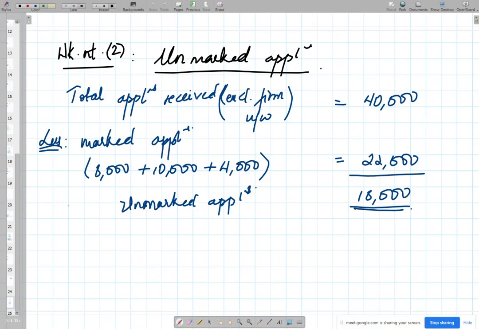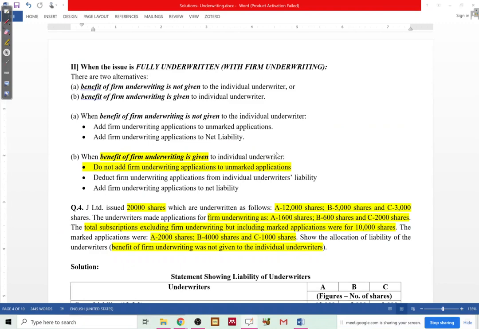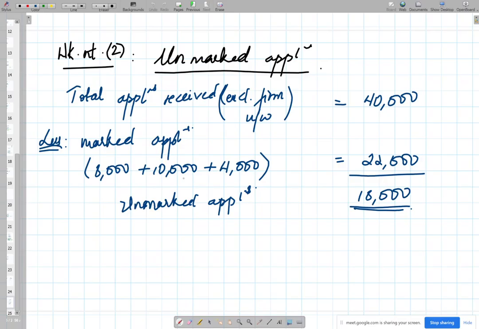Over here, further, don't add any firm underwriting to unmarked. Is that clear to you? This next step we will come to. Before that, let's calculate. So once you have got these unmarked applications, distribute them in the gross liability ratio. Okay, so what is the gross liability ratio? 12 is to 5 is to 3.